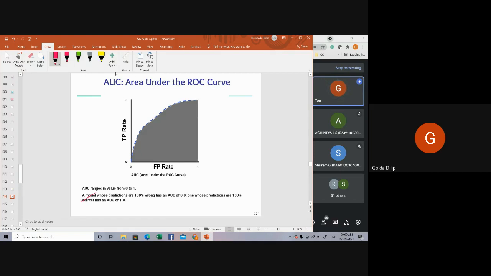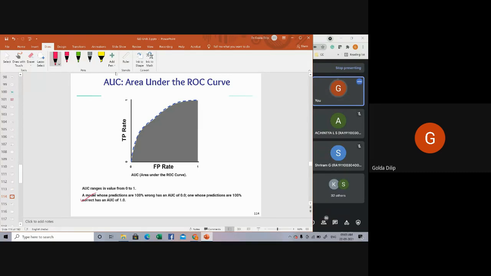There are many ways of interpreting the area under the curve. Generally it is taken as the probability that the model ranks a random positive example higher than a random negative example. The logistic regression predictions can be ordered in ascending order and some computations are involved.